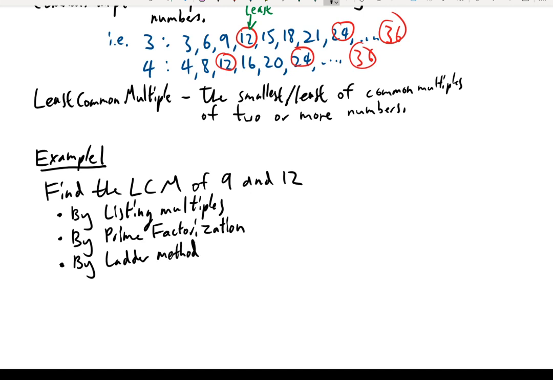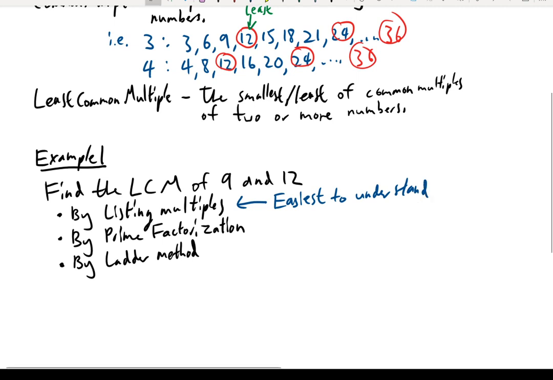Now again, if you don't know how to use the third way, or if you use it incorrectly, I would rather you do the first way, which is the listing way. I would say this is the easiest to understand.